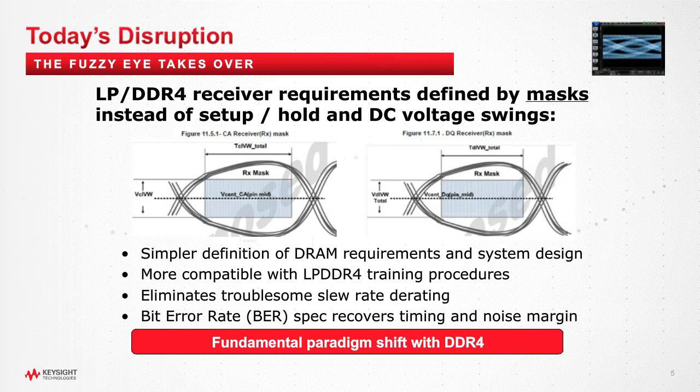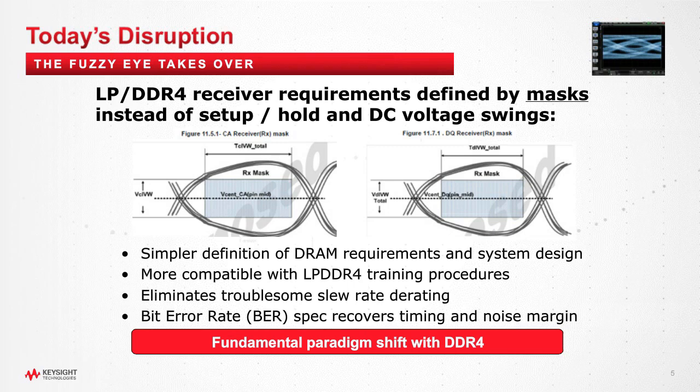One of the big problems with up through DDR3 is you remember all the slew rate derating tables, and those were always a very difficult thing to identify. It was an approximate solution to this problem of what happens as a signal gets faster and the I shrinks.